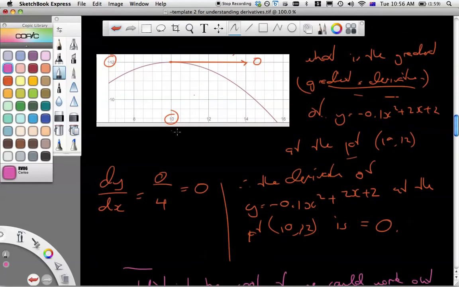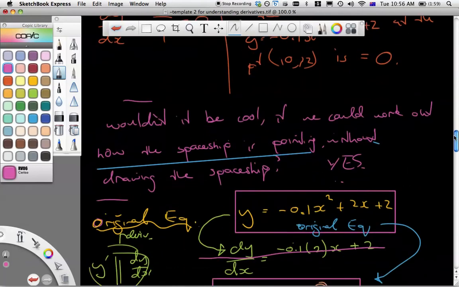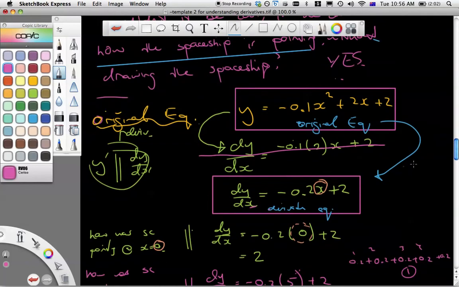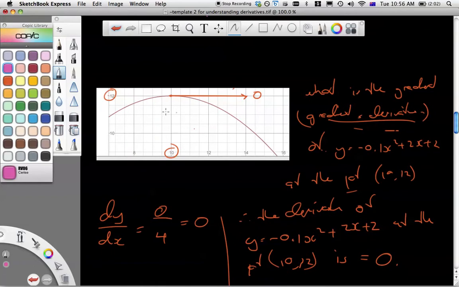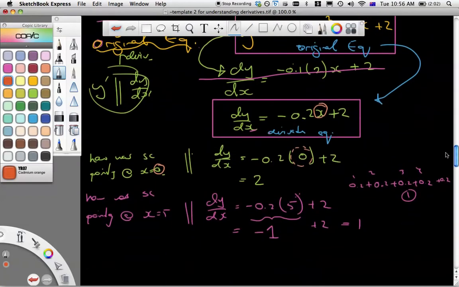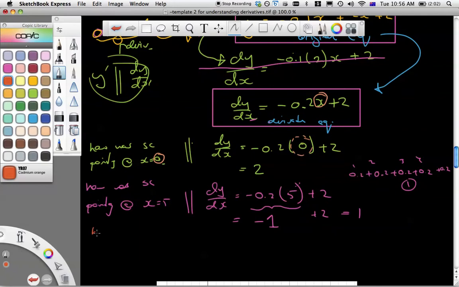Launching our spaceship from x equals 10, because we only care about what x is, because we've only got an x in the derivative equation. So we're using orange here and we launched our spaceship from 10. How was the spaceship pointing at x equals 10? Well, dy over dx equals negative 0.2x plus 2.